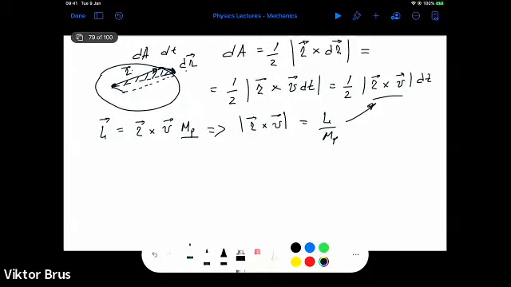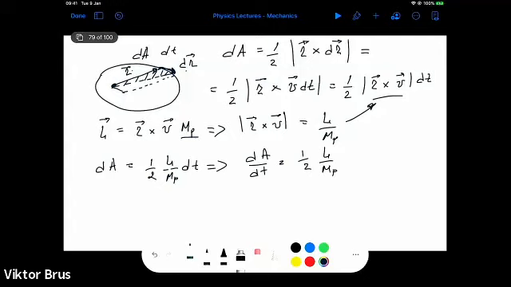So as a result, dA is equal to 1 divided by 2 L divided by mp, not capital M, times dt. So from here, we can write that dA over dt is equal to 1 divided by 2 L divided by mp.